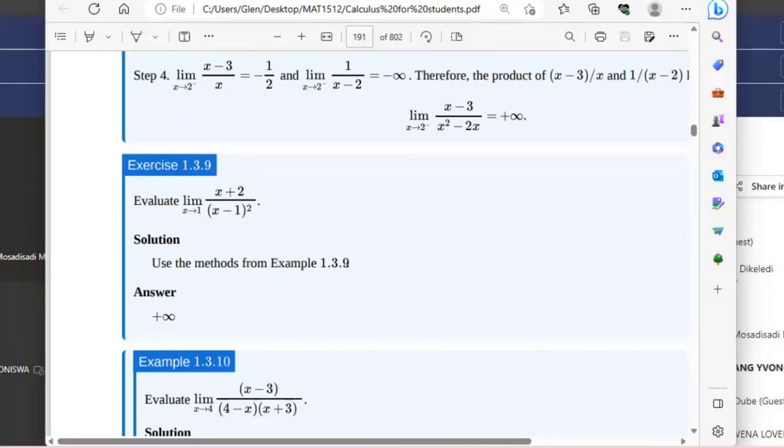The next step that we'll have to do from this given exercise is to separate, meaning we'll have the limit of (X minus 3)/(4 minus X) and the limit of 1 over (X plus 3), both as X approaches 4 from the left.